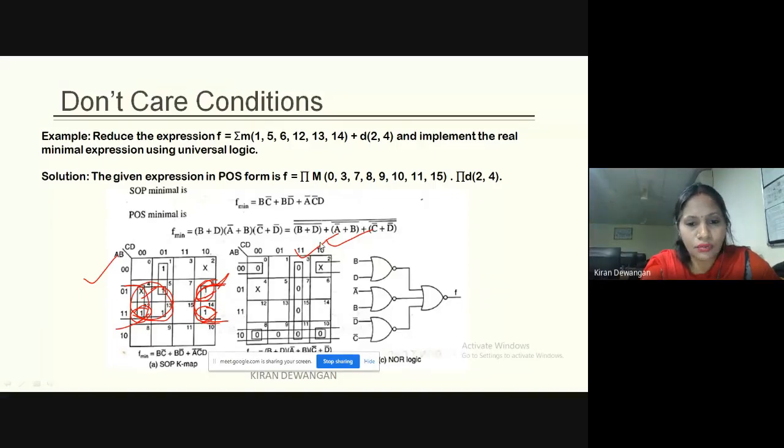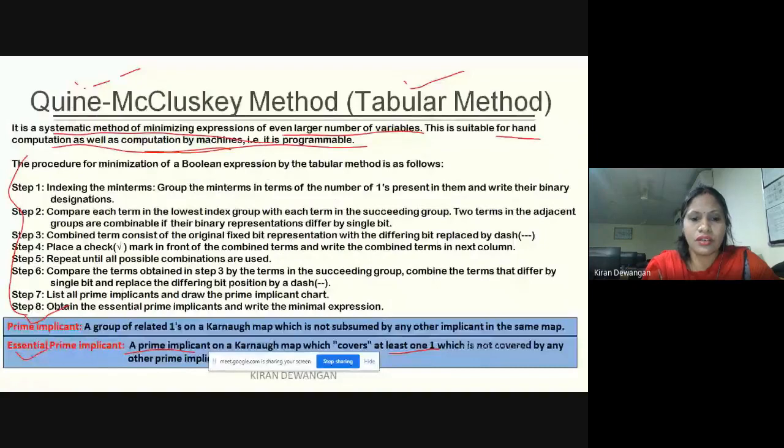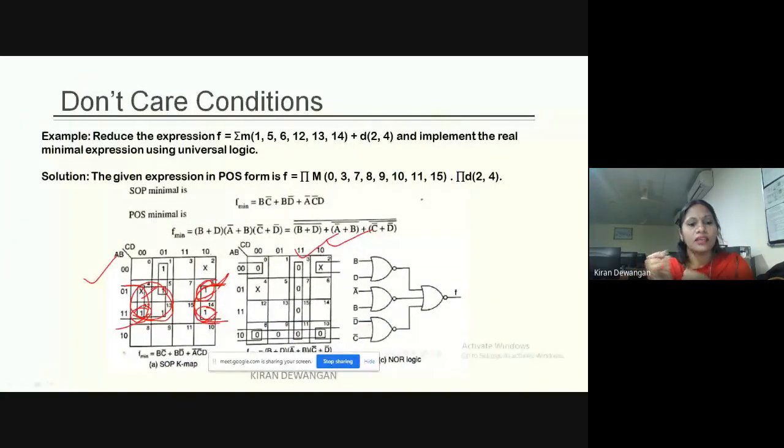False essential is the term used for POS, and EPI is used for SOP, false essential prime implicant, or somewhere it is written essential false prime implicant. Meaning the false term will be there: either false essential prime implicant or essential false prime implicant. We call all the prime implicants of POS false prime implicants, and in SOP we just call them prime implicants. So the essential term will be there for both POS and SOP, but in POS it will be false. Is the concept clear, everyone?